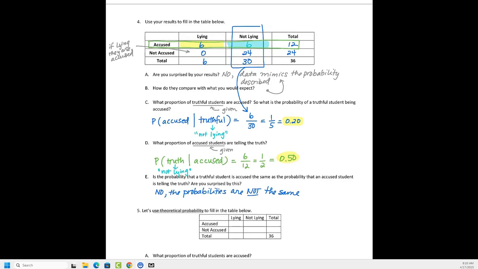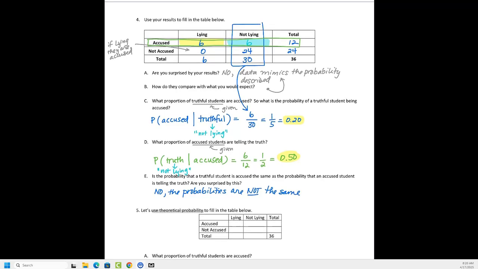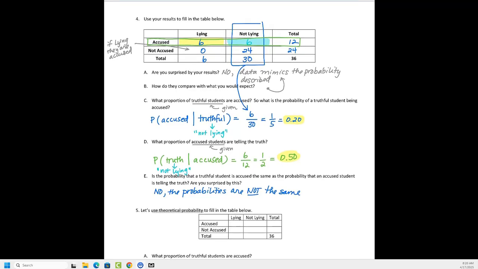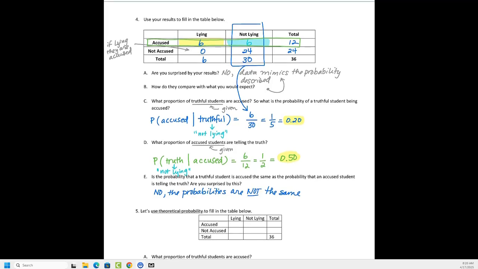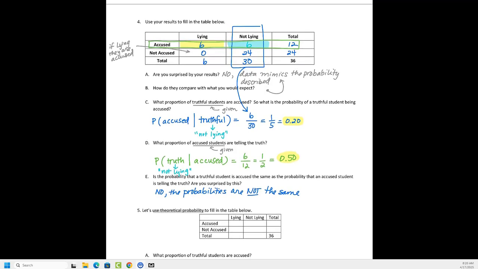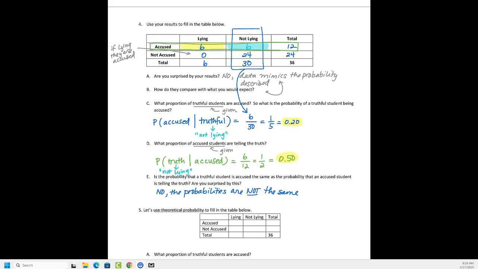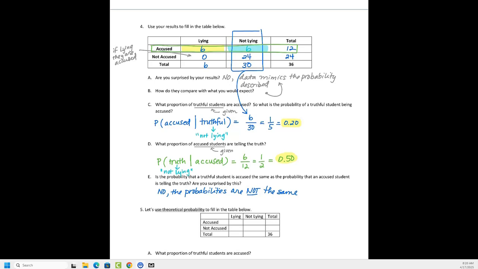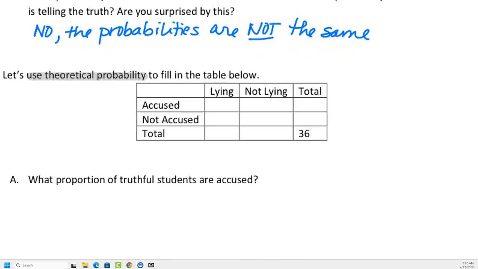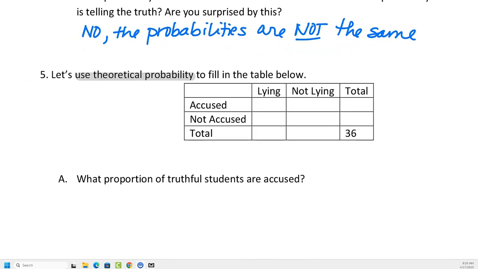What's the other one called? Empirical. There you go. I was coming up with experimental in my head. But it is that idea of experimental where you are pulling out from actual data. And now this is theoretical, so based on what you would expect in theory.